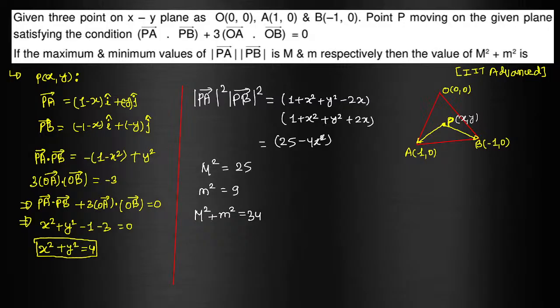When x is 4, matlab x could go, if y is 0, x square could be 4, maximum value of x square. So 25 minus 16 is 9. So capital M square is 25, small m square is 9. So capital M square plus small m square is 34.